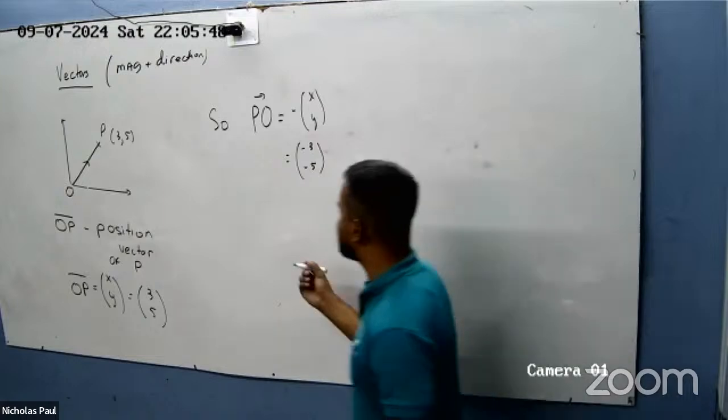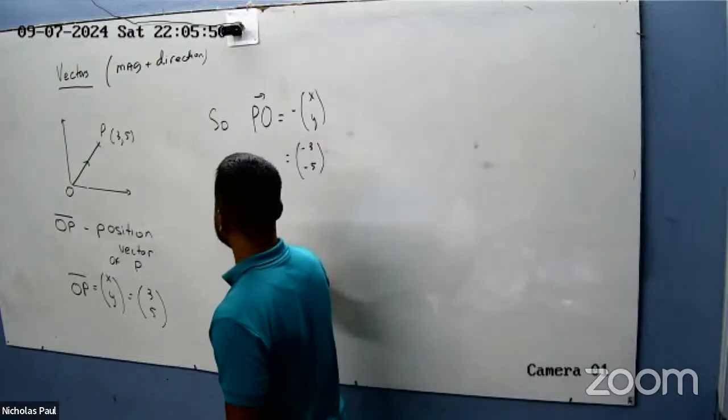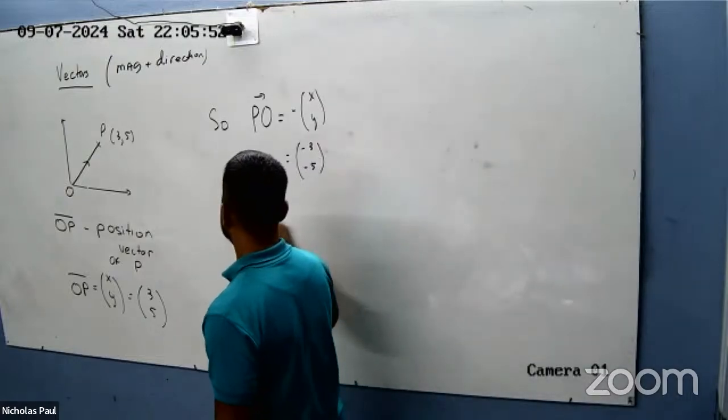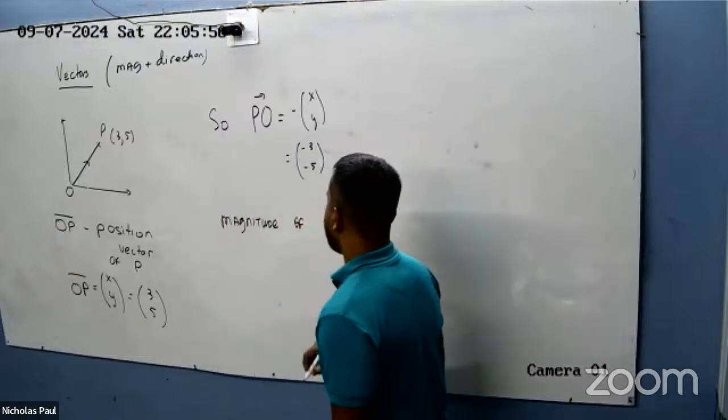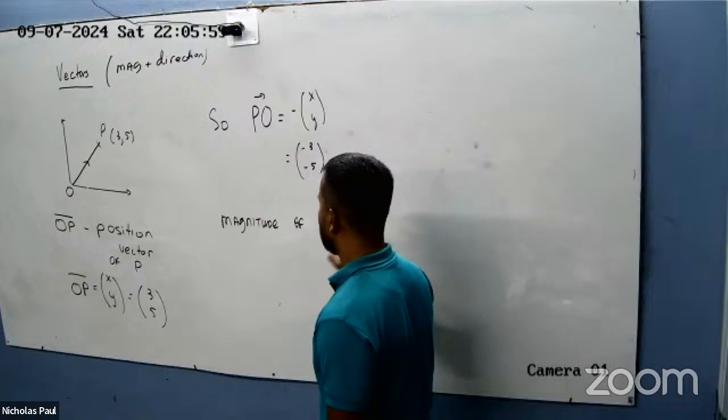After this, you want to give the vector magnitude. Magnitude of OP, real simple.